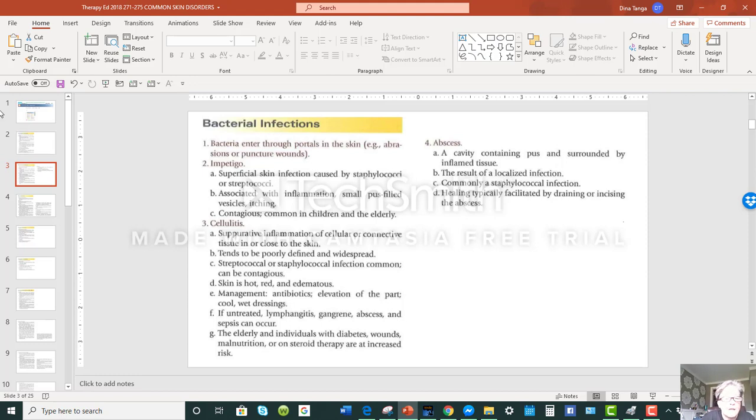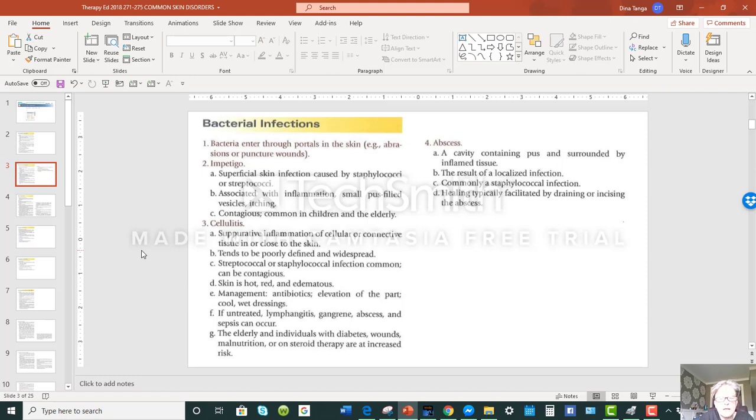Cellulitis. Suppurative inflammation of cellular or connective tissue in or close to the skin. Tends to be poorly defined and widespread. Strep or staph infection common, can be contagious. The skin is hot, red, and swollen.